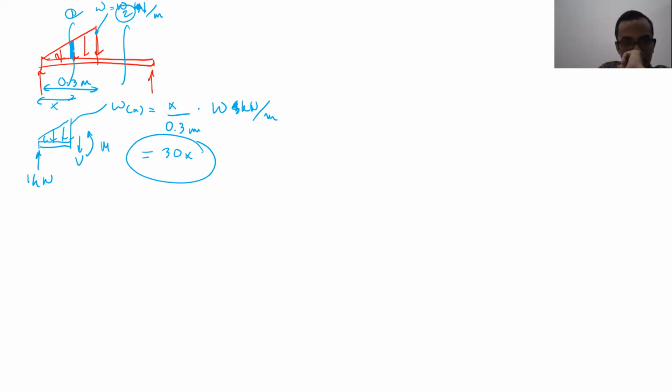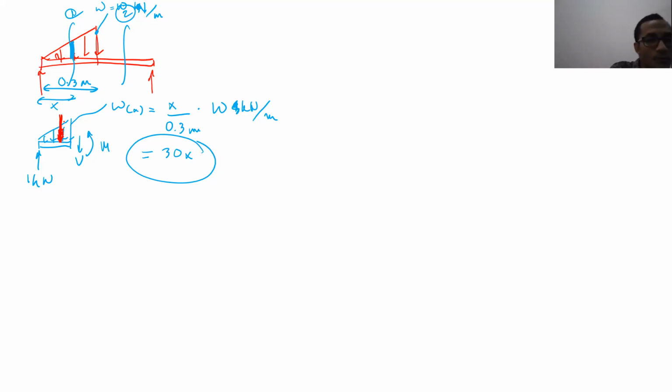You have to define this first, the value of W at X. Then after that, when you calculate V, and M especially, you have to find the resultant and the location.